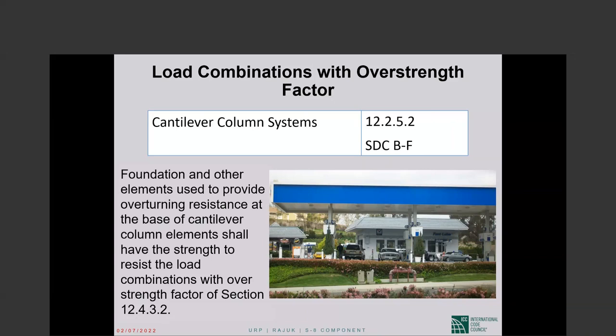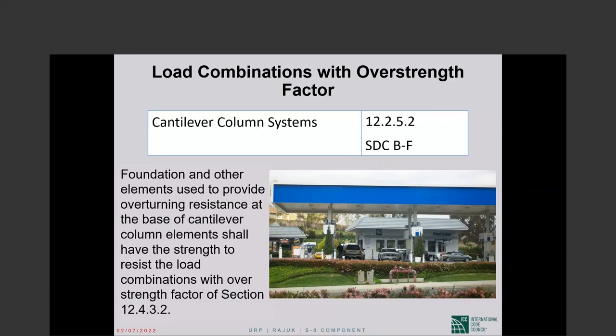In ASCE 7, there are only three places where they're required. In the IBC, there are a couple more places. BNBC has 3 or 4 places that I'll show you where they're required. Do not use them elsewhere. Okay.